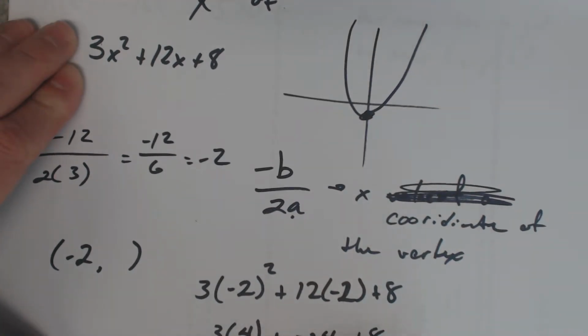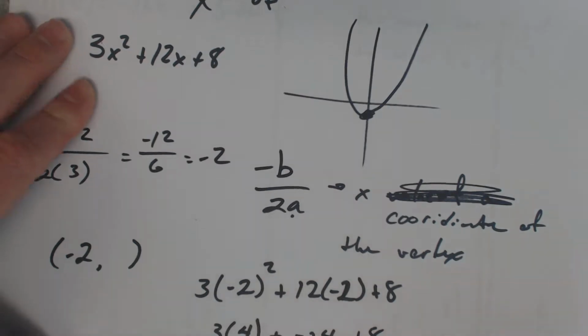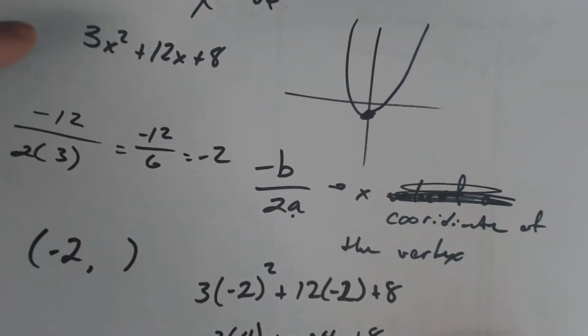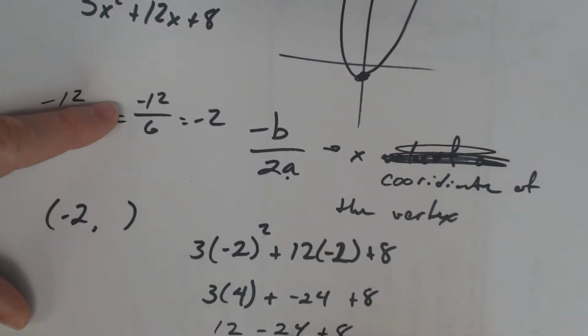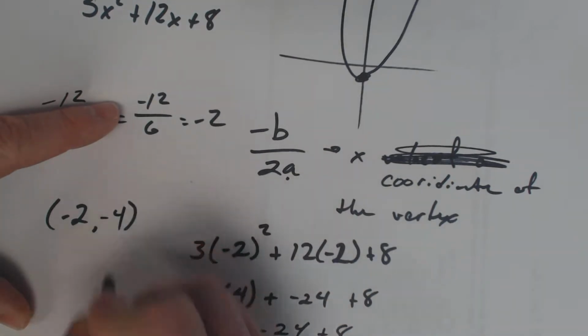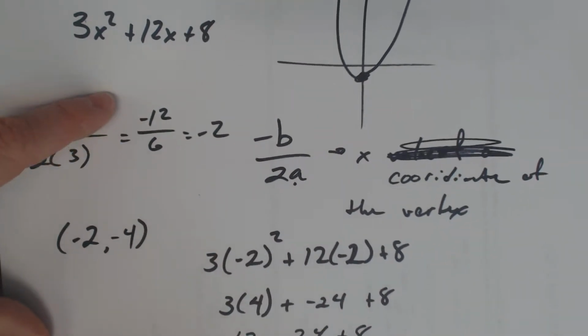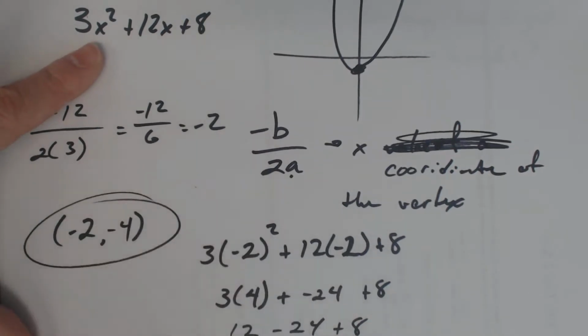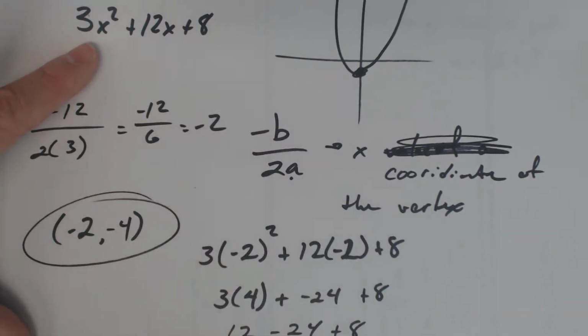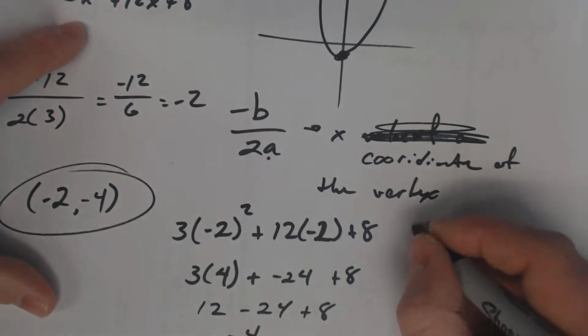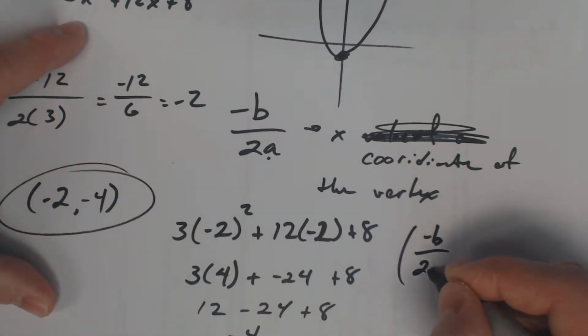So it's 12 minus 24 plus 8. Negative 12 plus 8, yeah, negative 4. So our vertex is at negative 2, comma, negative 4. Negative b over 2a, and you plug it back in. A lot of formula sheets will have this.